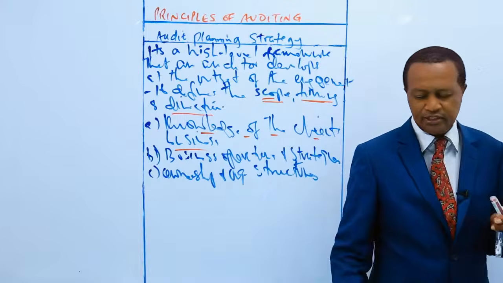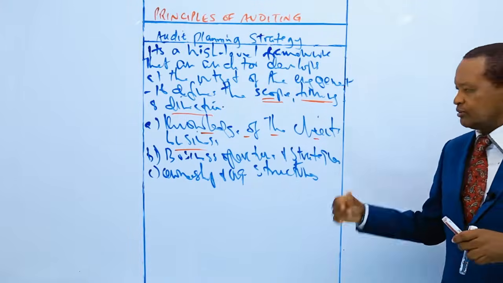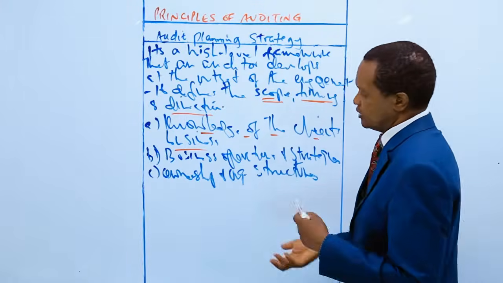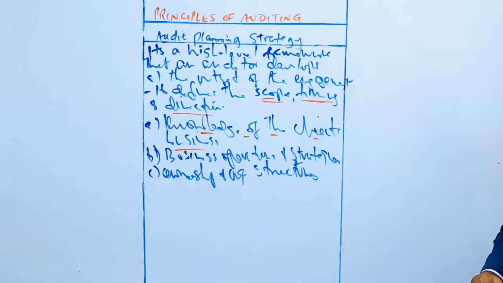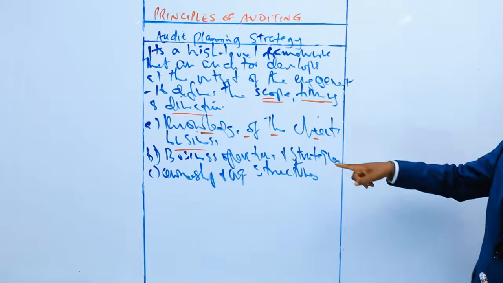Who owns the company? Who calls the shots? Who is the management? How does the management operate? You have to understand or know the ownership and governance structure. That will help the auditor know the business.